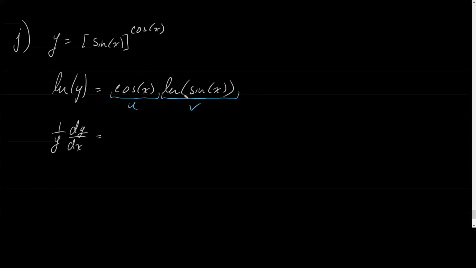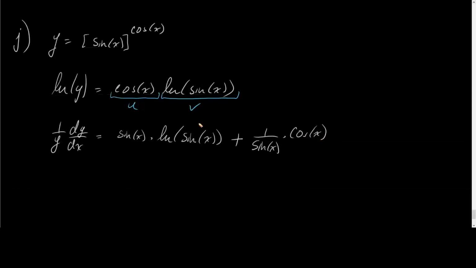On the right side, product rule, the derivative of the first, cosine of x, times the second, ln of sine of x, plus the derivative of the second, 1 over sine of x, times the derivative of the inside. The derivative of sine is cosine, so cosine x, and then that times the first, cosine x. All right.